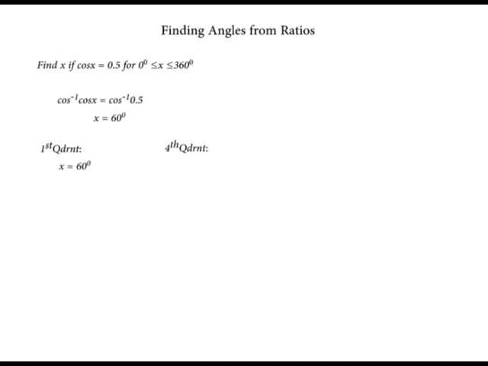We had seen that to find the acute angle in the fourth quadrant, acute angle is equal to 360 minus theta. Now we have the acute angle and need to find theta. Theta will be 360 minus the acute angle, giving us 300. And so cos 300 is also 0.5. And so the solution is x is equal to 60 degrees and 300 degrees.